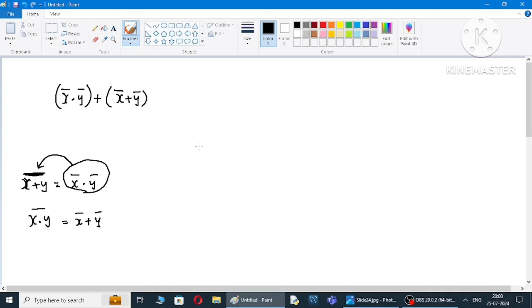x NOR y. So give x, y inside a NOR gate, then you will get x plus y complemented, which is equal to x bar dot y bar. The first part is received now. Now the second part, x bar plus y bar.